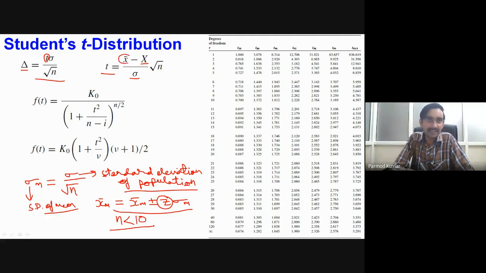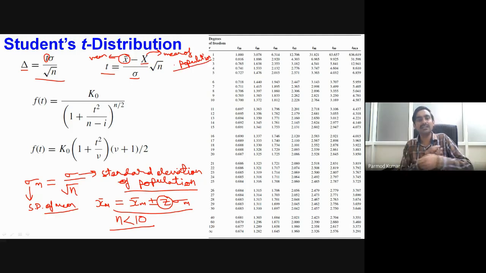The small x bar represents the mean of the sample, whatever sample we have taken from the population, and the capital X represents the mean of the population. Now, this distribution f of t is equal to k naught divided by 1 plus t square by n minus 1, whole to the power n by 2.